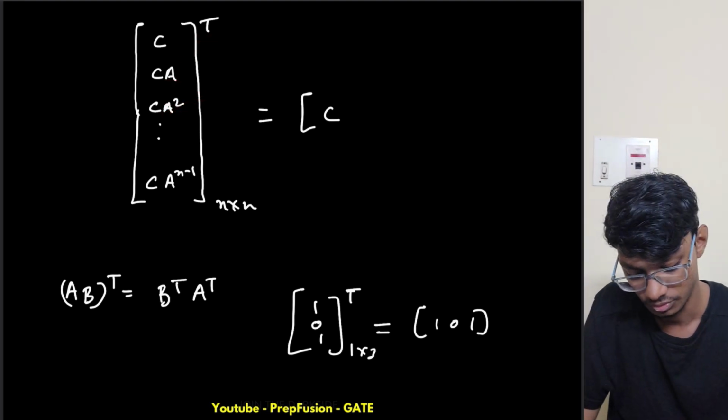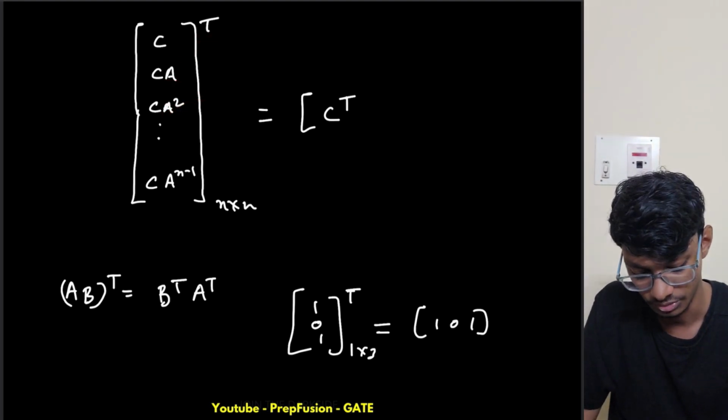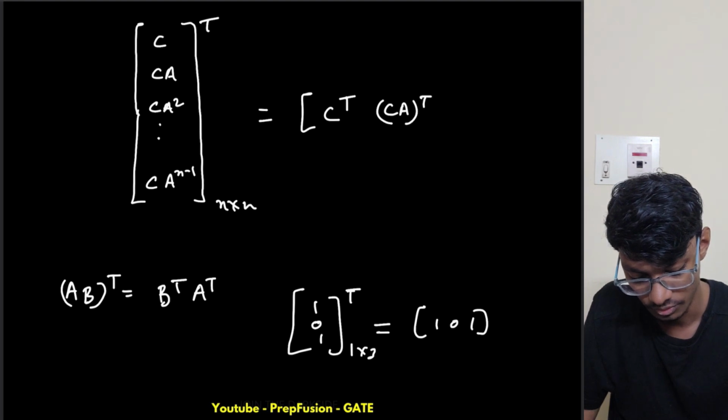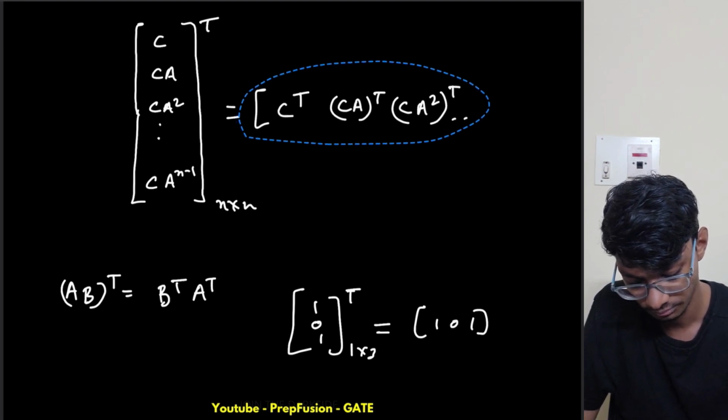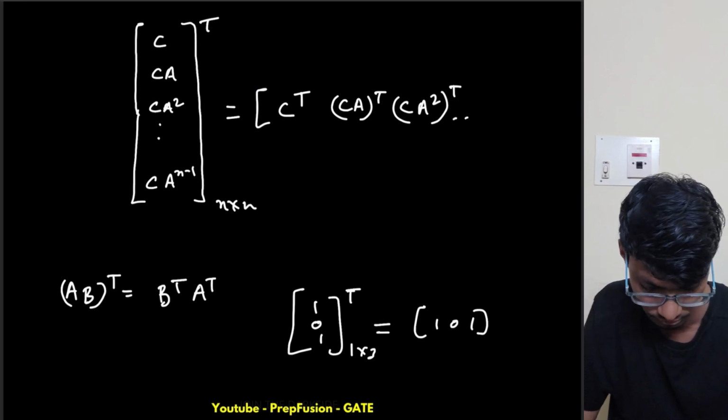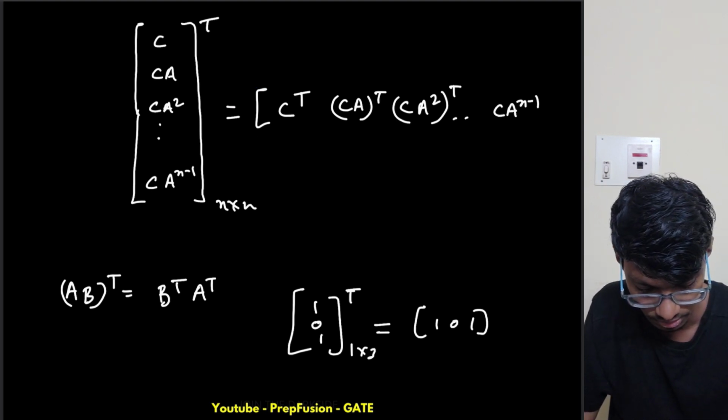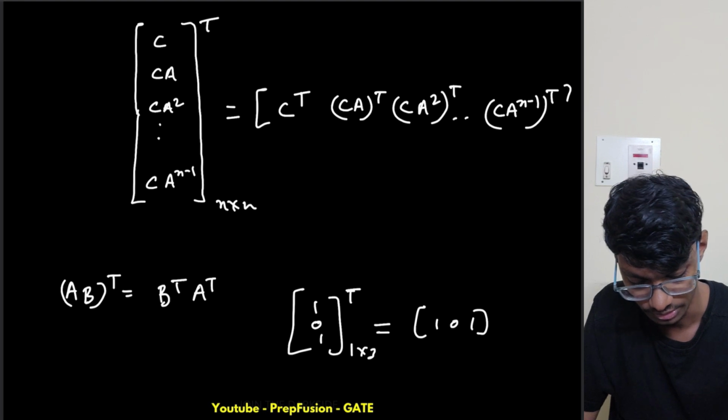It will be C transpose, then CA transposed, then CA square transpose, and go on until CA^(n-1) whole transpose.